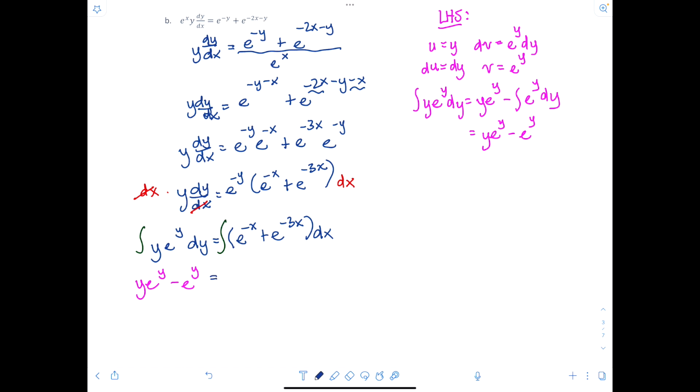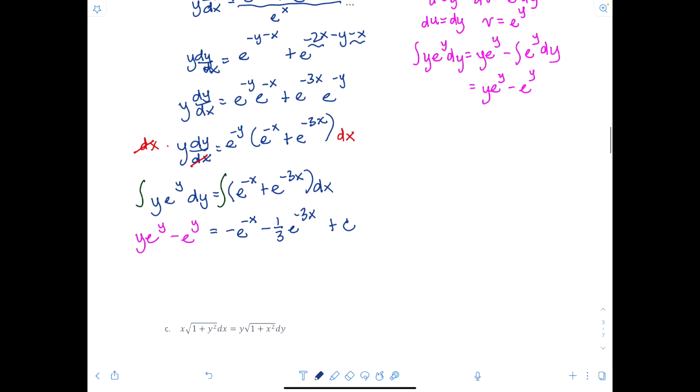Equals negative e to the negative x, that's the antiderivative of e to the negative x, and then minus 1/3 e to the negative 3x plus some constant.